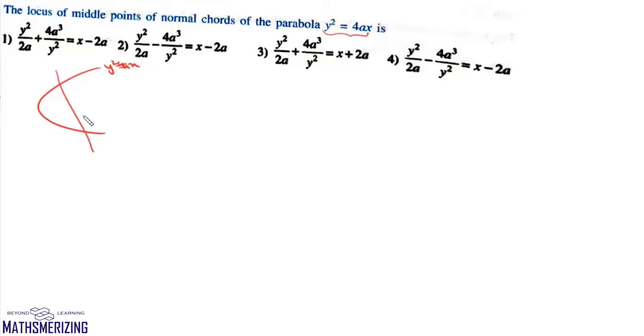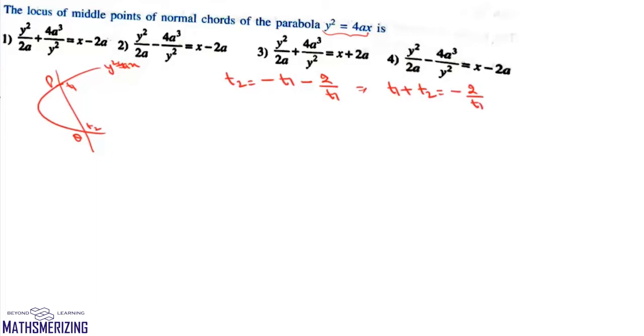So we have this parabola y square equals 4ax, and then we have this normal chord: normal at P intersects at Q. Suppose this is parameter t1 and this is parameter t2. For a normal chord, the condition is t2 equals minus t1 minus 2 upon t1. So t1 plus t2 is equal to minus 2 upon t1.